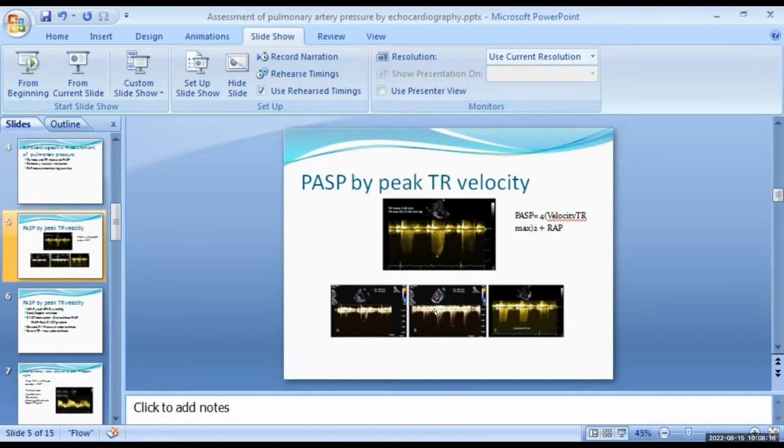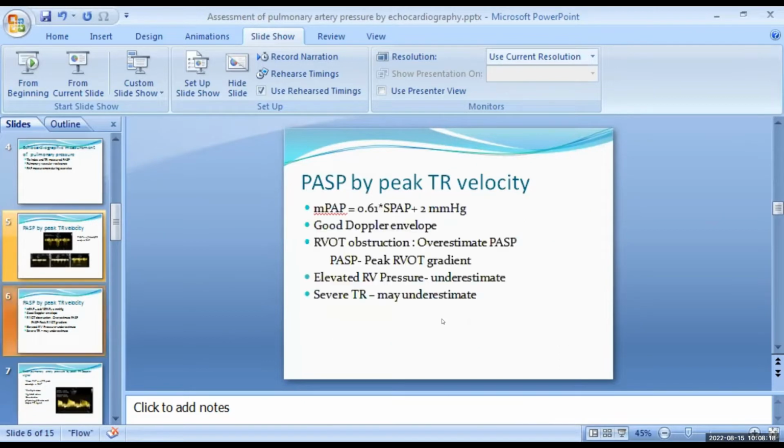Similarly, severe TR may lead to equalization of RA and RV pressure, which cuts short the Doppler signal and results in underestimation of the pulmonary artery pressure. So we have to take care of all these things, and we have to see all the 2D cine loops and assess everything.